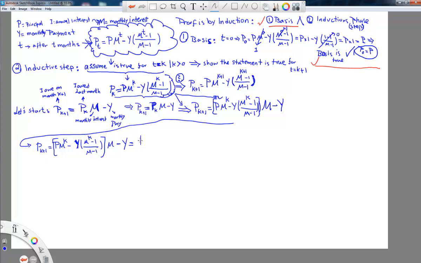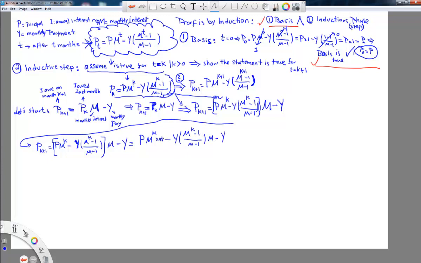So this is going to be P m to the k times m, minus y times m to the k minus 1 over m minus 1 times m, and then minus y.